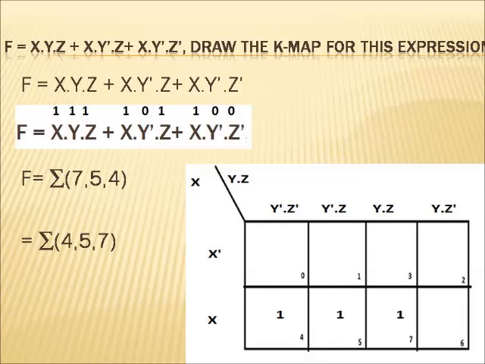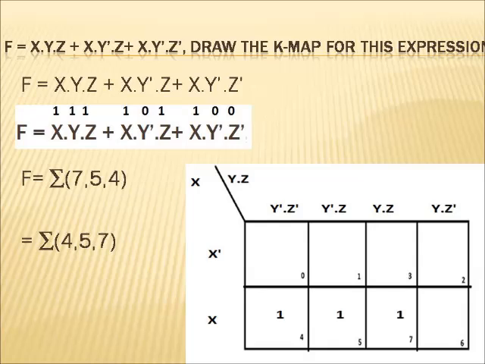Now in the next step, we have seen the values of x, y and z. The first term is 1 1 1, which is the binary equivalent of 7. Then 1 0 1 is the binary equivalent of 5, and 1 0 0 is the binary equivalent of 4.